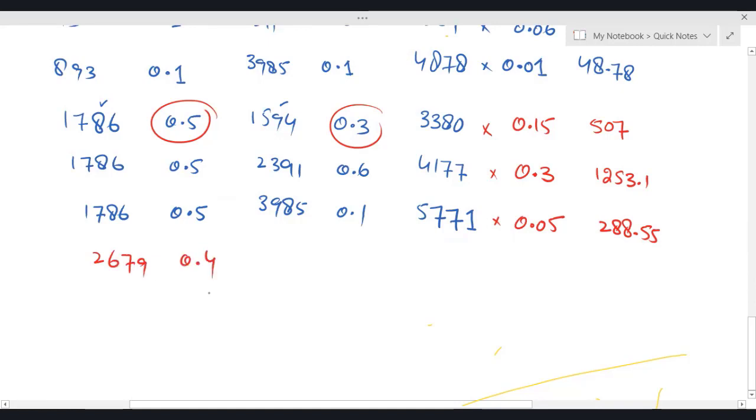If this event occurs, which has a present value of 2679 in the first year, then again in the second year, there are 3 possible outcomes: 1594, 2391, 3985, with their respective probabilities. Copy paste this one.